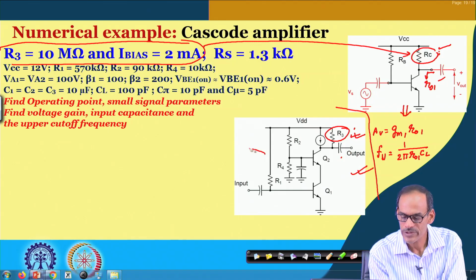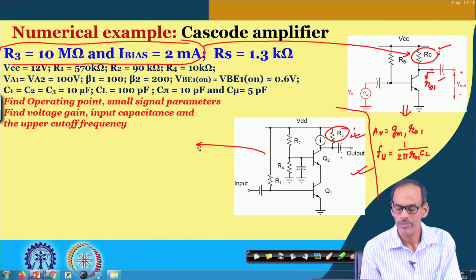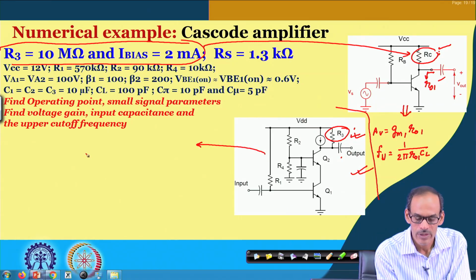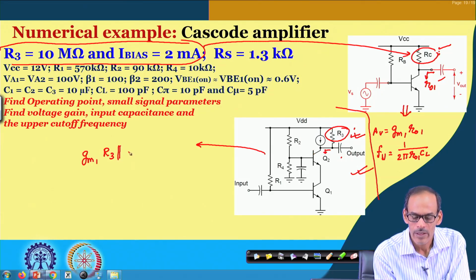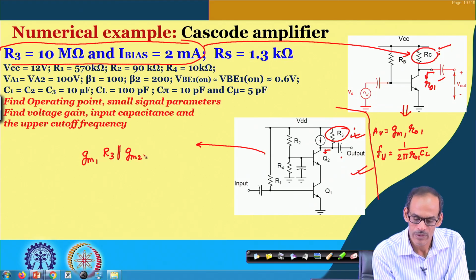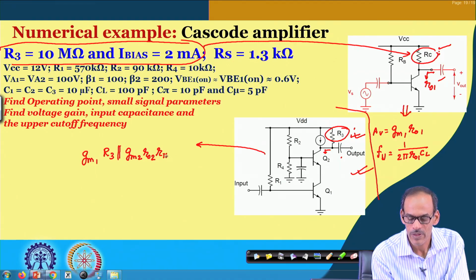On the other hand, for this circuit the gain we obtained was quite high. It was in fact GM1 multiplied by this R3 in parallel with whatever resistance we obtained here. So, the resistance there is GM2 RO2 multiplied by R pi 2.